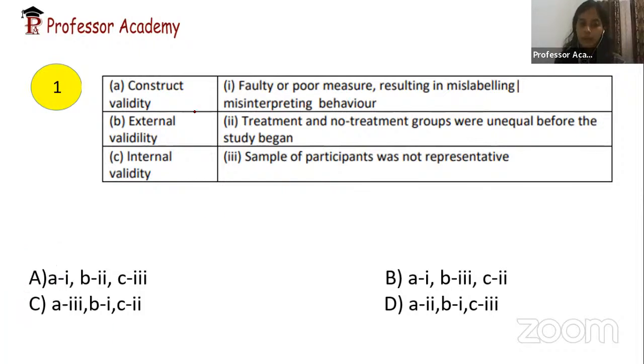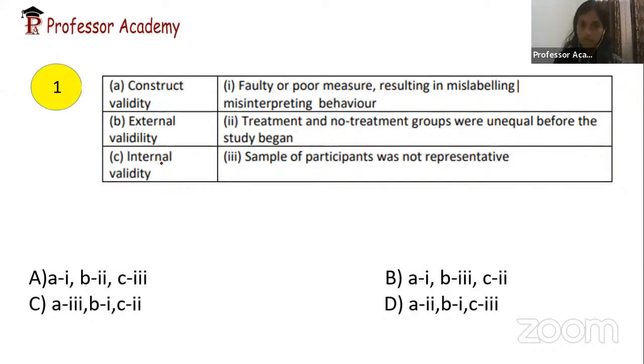So now we have to match each of them. In case of internal validity, first of all, what does validity mean? Validity means the measure or the instrument used should be capable of measuring what it intended to measure.